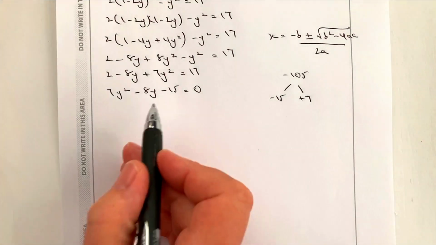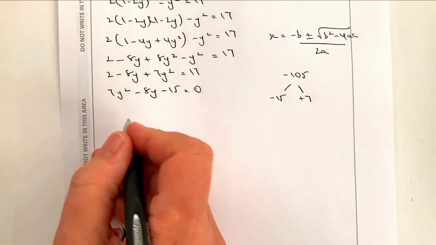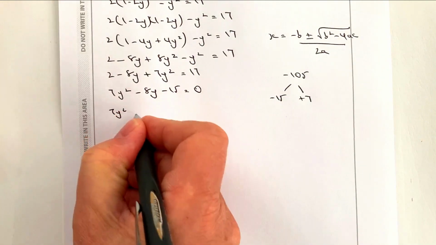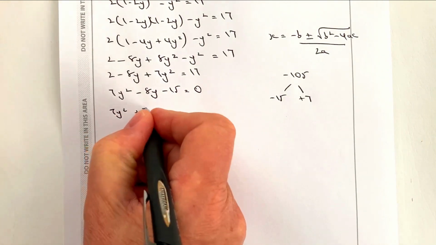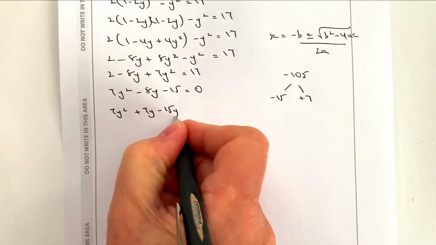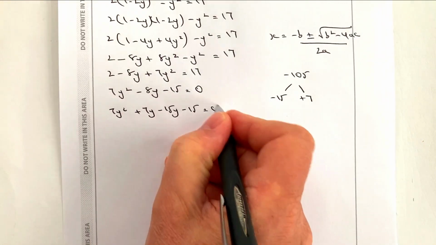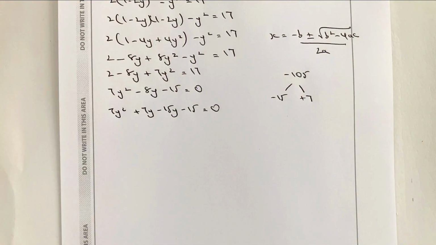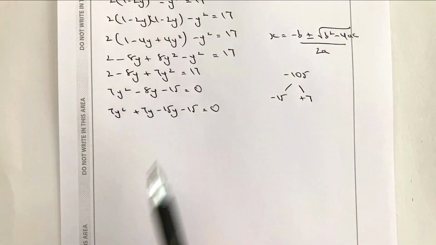So I'm going to rewrite this equation now as 7y squared plus 7y, which is this 7y here, minus 15y minus 15 equals 0. What that allows me to do now is to factorize the first two terms and look for a common term with these two terms and these two terms.